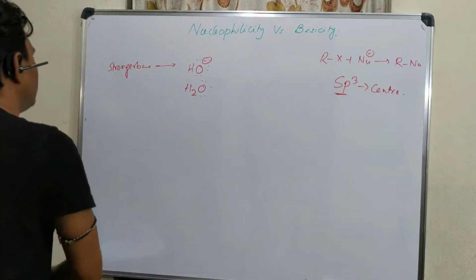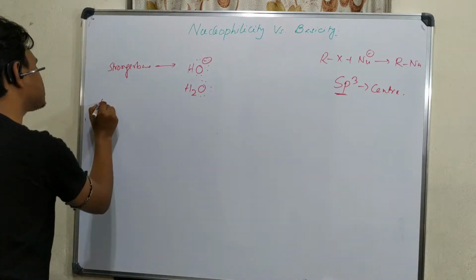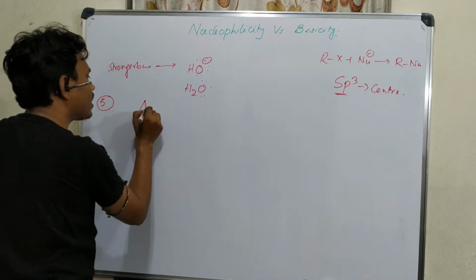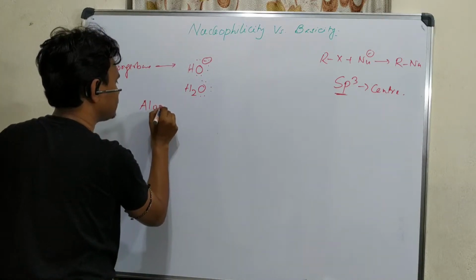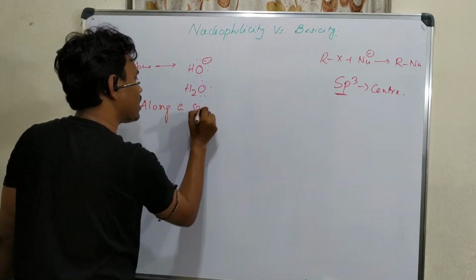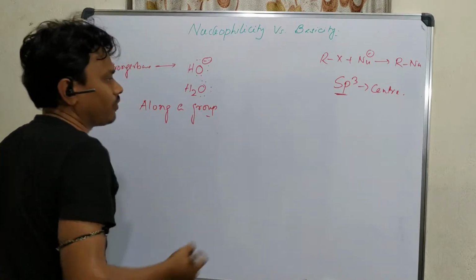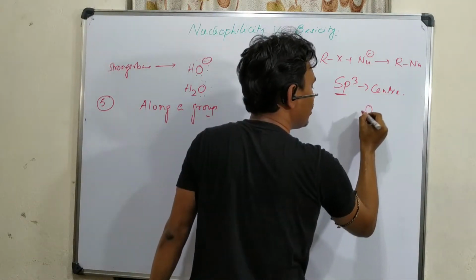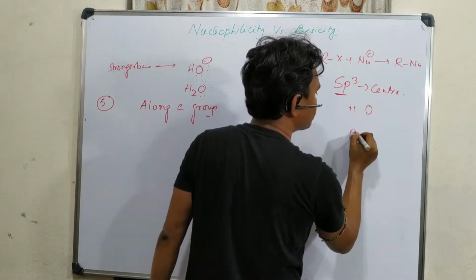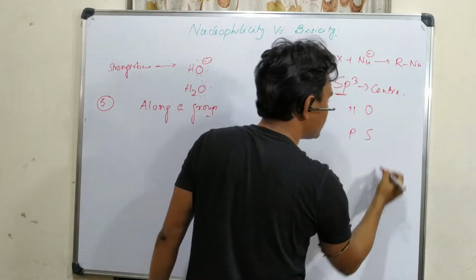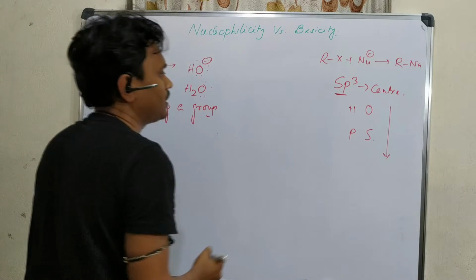Now the next point is along a group, what happens? Along a group means, for example, if we take nitrogen, oxygen, phosphorus, sulfur and go down in this way, what will happen?